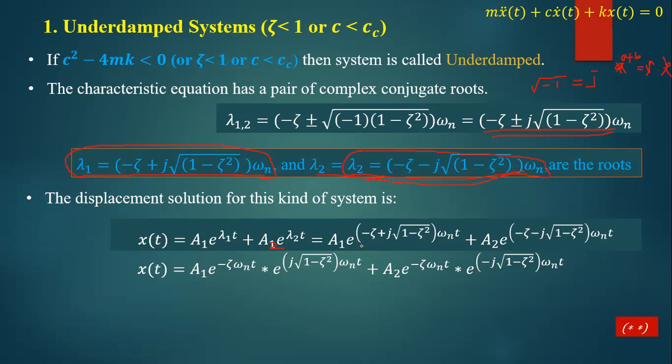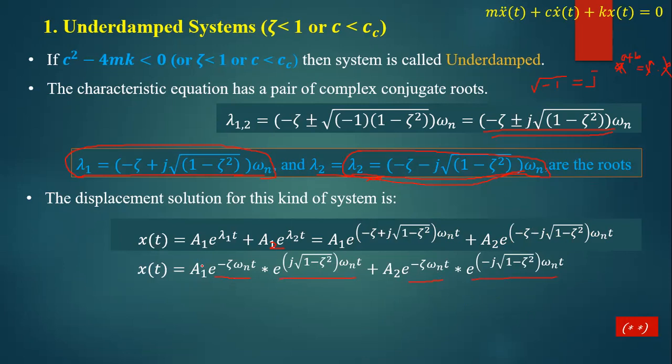So here we have two terms, minus zeta plus j radical 1 minus zeta square omega n t is common for both. So let's take out this part. This is taken out, and this part also, minus zeta omega n t is taken out here, and we multiply them with this term.